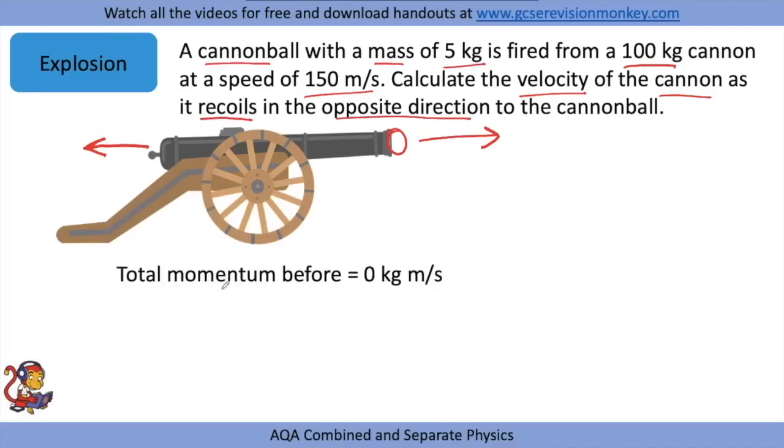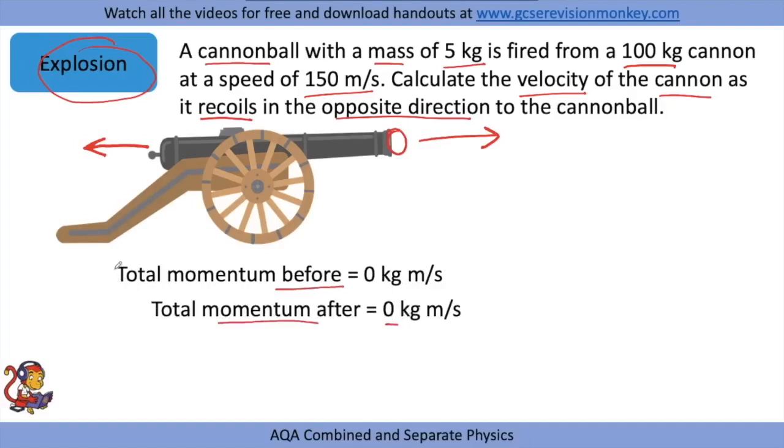So the total momentum before is 0 kilogram meters per second, and that is because before the explosion, everything is stationary. The cannon is stationary and the cannonball inside is stationary. So, nice easy one, we know the momentum before is going to be 0. That means the momentum afterwards must also equal 0 because momentum is conserved.